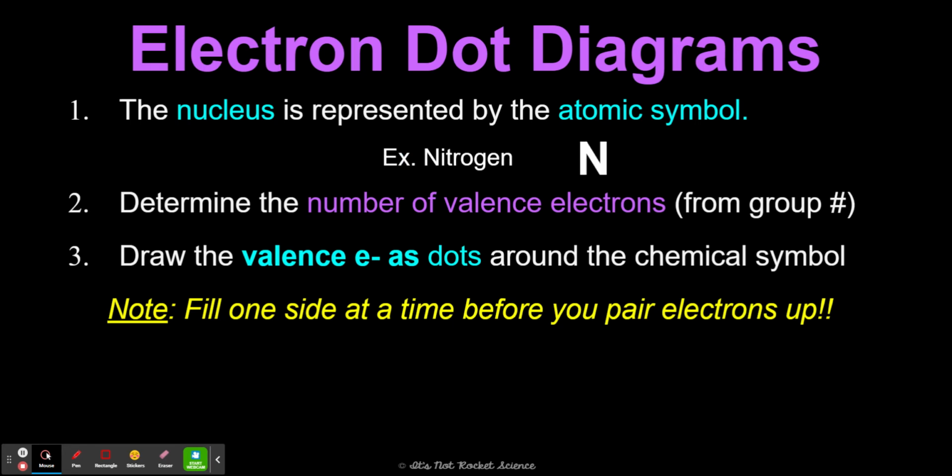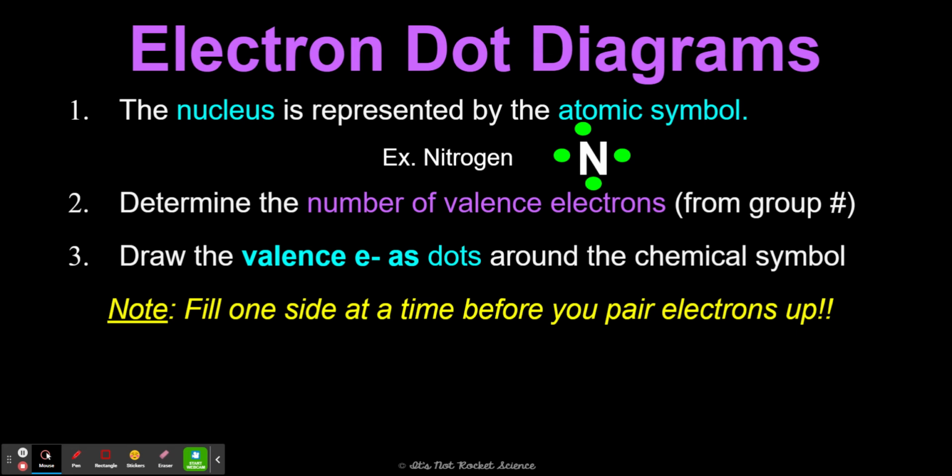Nitrogen. Okay, so we've got nitrogen here. If we imagine nitrogen with a box around it, a box that has four sides, those are the sides we're going to fill with electrons. Now, if we look on the periodic table, nitrogen's in group 15, so it's got five valence electrons. So we're going to put these around nitrogen. You put one on each side.